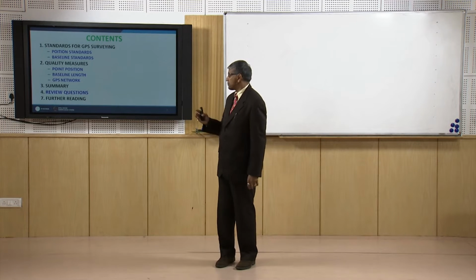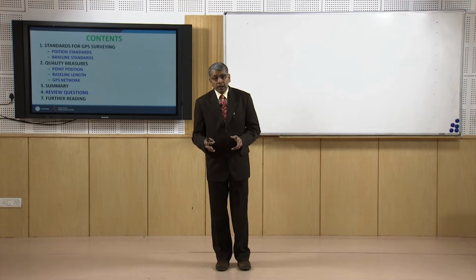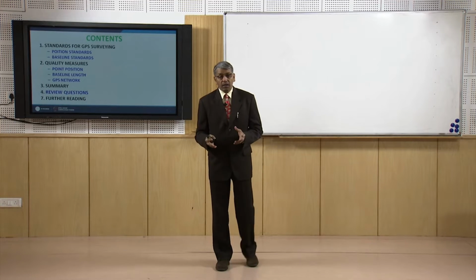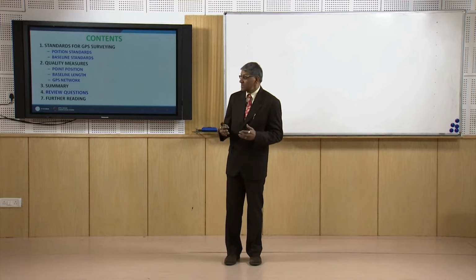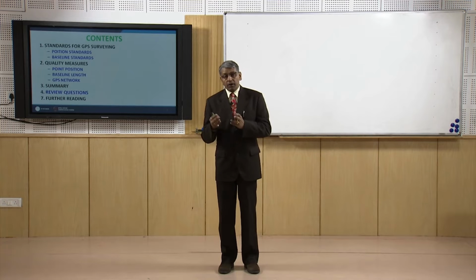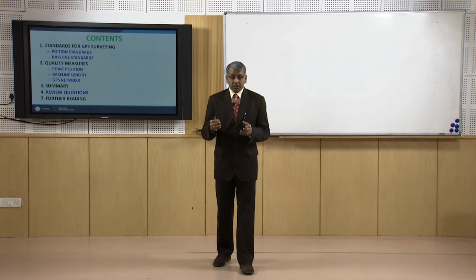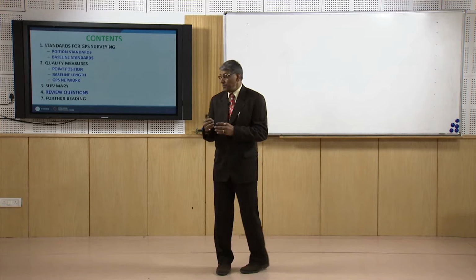Of this, the most important are the first two. First we need to know what are the standards that field engineers have decided for different GPS parameters to be achieved.